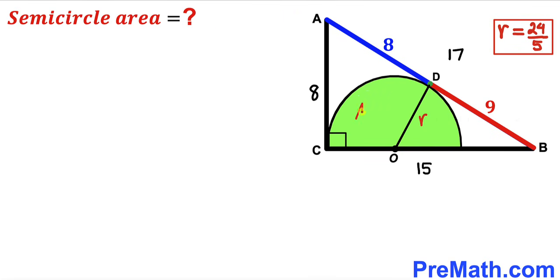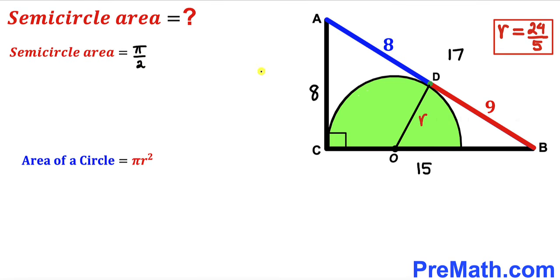Now we are going to calculate the area of this green semicircle. And now let's recall the area of a circle formula. Area is always equal to pi r squared, where lowercase r is the radius. So thus the semicircle area is going to be pi divided by 2, and our radius lowercase r is 24 divided by 5. So I'm going to write down 24 divided by 5 whole squared.